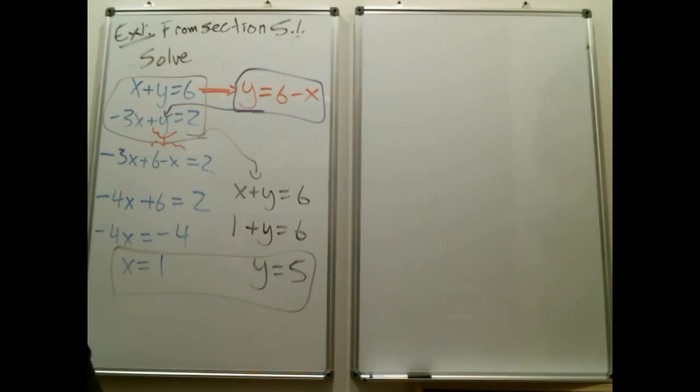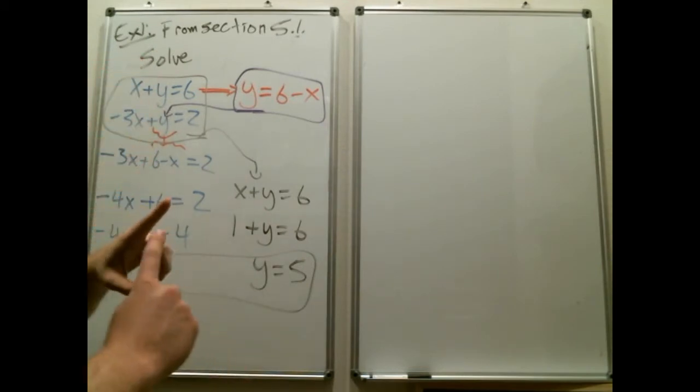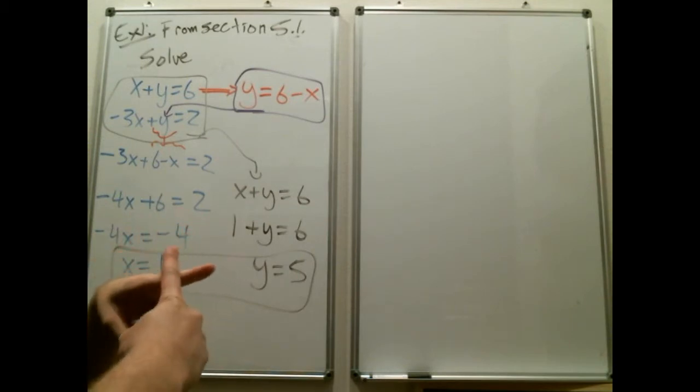So what is this doing for us? Why does this even matter? What does this x equal 1 and y equal 5 mean to us? Well, what it means is it's taking these two equations and seeing where they're both satisfied. Graphically, it looks like the intersection of those two lines.